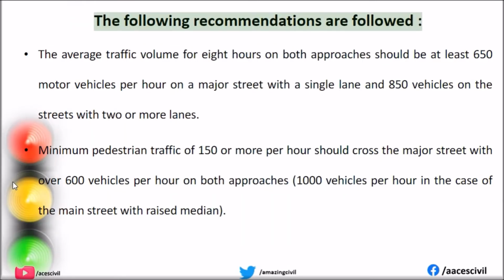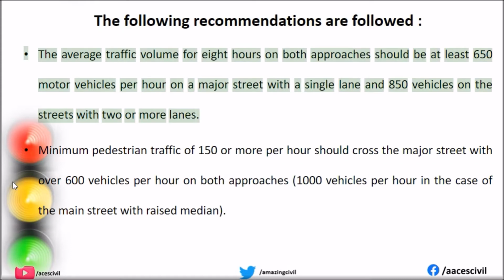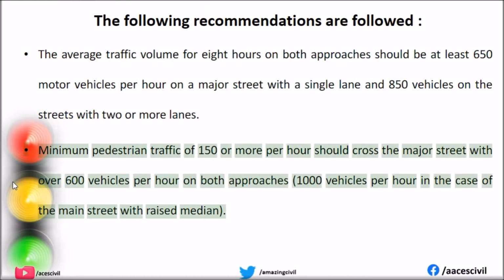The following recommendations are followed. The average traffic volume for 8 hours on both approaches should be at least 650 motor vehicles per hour on a major street with a single lane, and 850 vehicles on streets with 2 or more lanes. A minimum pedestrian traffic of 150 or more per hour should cross the major street with over 600 vehicles per hour on both approaches, or 1,000 vehicles per hour in the case of a main street with a raised median.